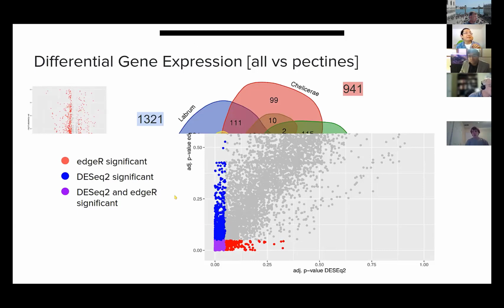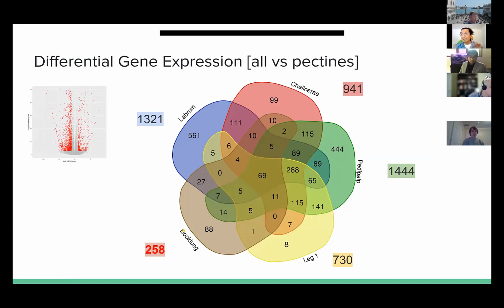Just very briefly, I'm going to bring your attention to the fact that the book lung is the pairwise comparison that resulted in the least amount of differentially expressed genes. That is, most of the genes that are found in the book lung and the pectin show very similar expression dynamics compared to other appendages. So that also supports the idea that the book lungs and the pectins are developmentally more similar.